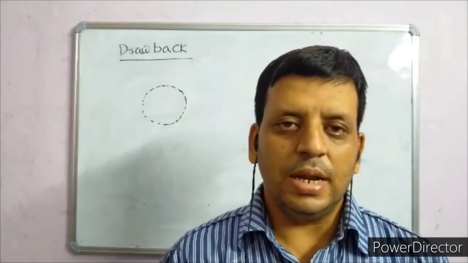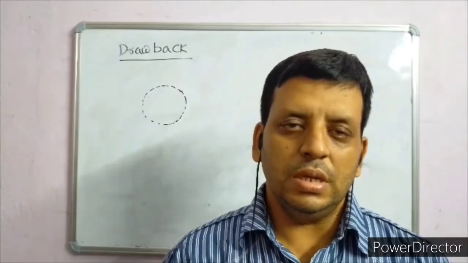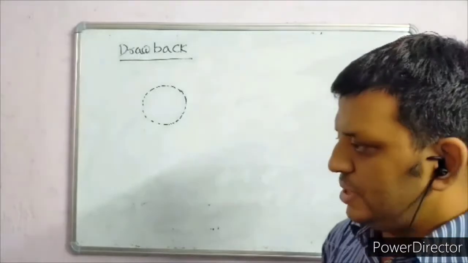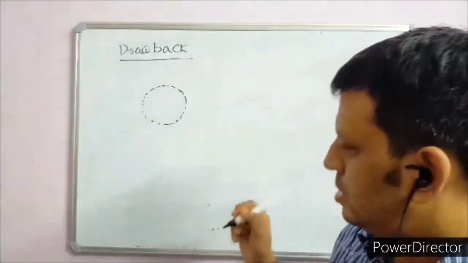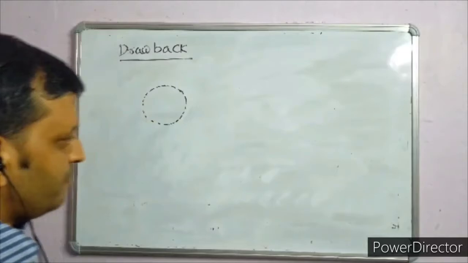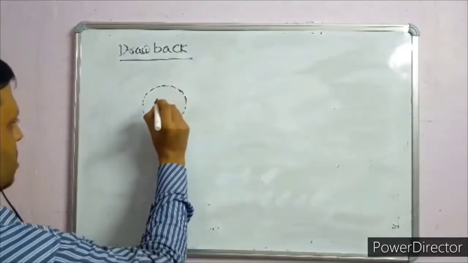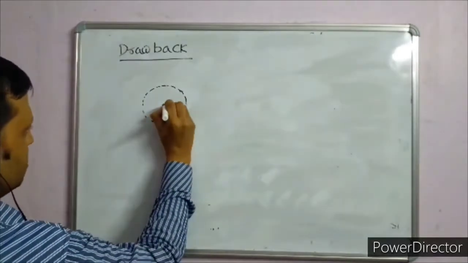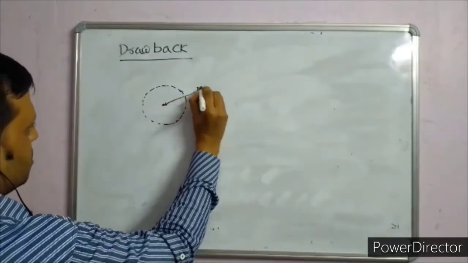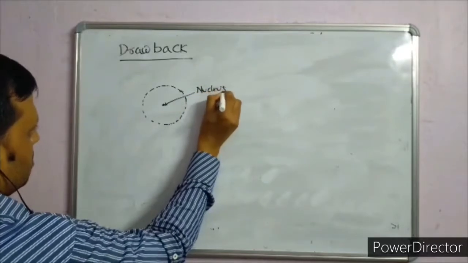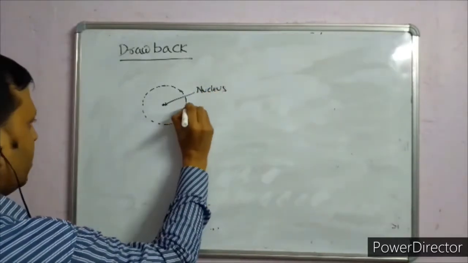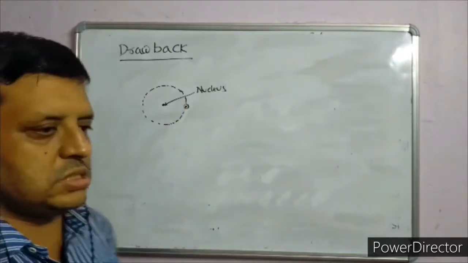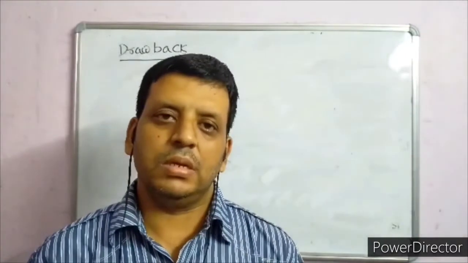My dear friends, let's study about the demerit of Rutherford's atomic model. We know that as per Rutherford's atomic model, the nucleus is located at the center of the atom and electrons revolve around the nucleus in certain paths which are known as shell or orbit.